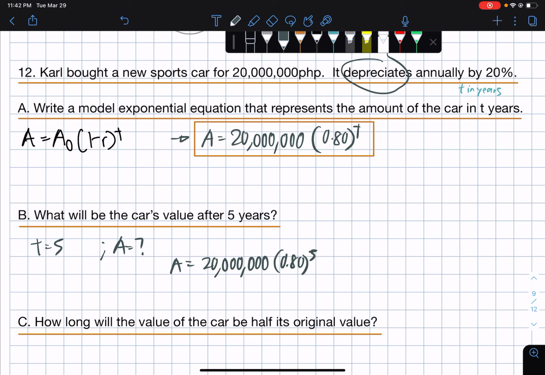Place that value in the calculator and the answer will be 6,553,600 pesos. So yeah, that's it.